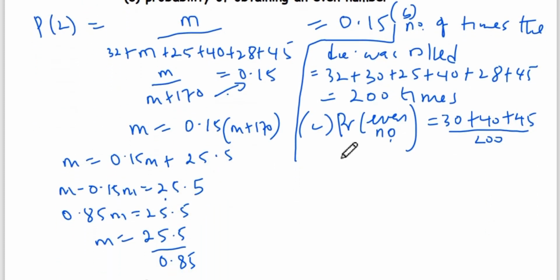So we have 115 divided by 200, that's 23 over 40, or 0.575. So that's the probability.